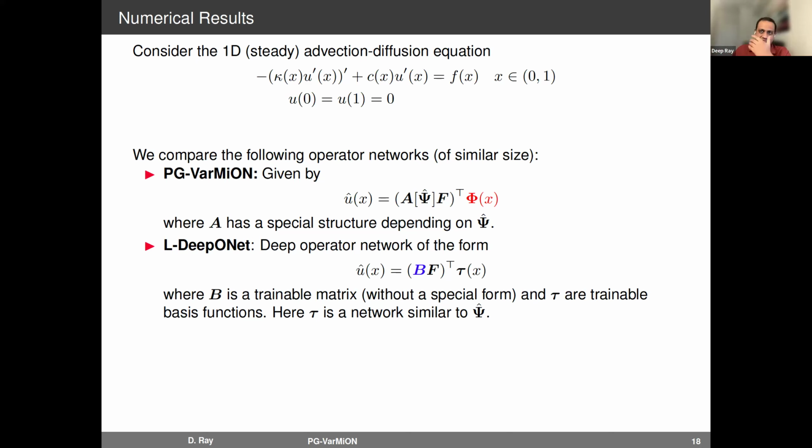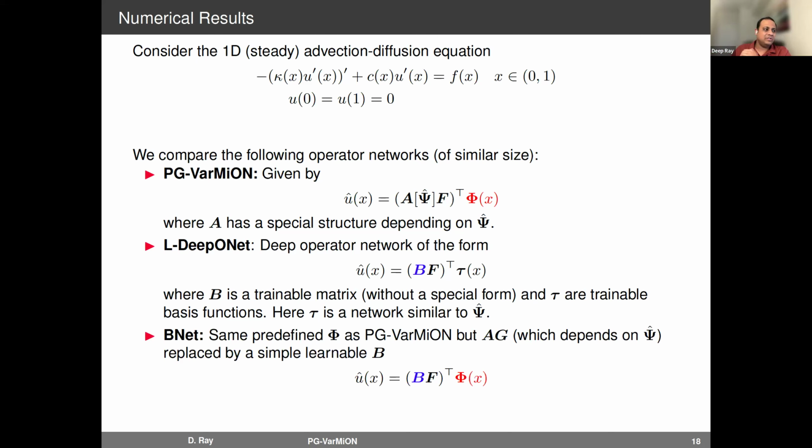Is that not enough? We'll see if it is or is not. And secondly, instead of fixing my trial basis as phi of x, I'll assume that tau of x is another basis which is trainable. So you can train and find what these basis functions should be. So you're allowing flexibility in the trial basis, and you are removing the special structure of A of psi hat. That's what I'll call the LDPO net.